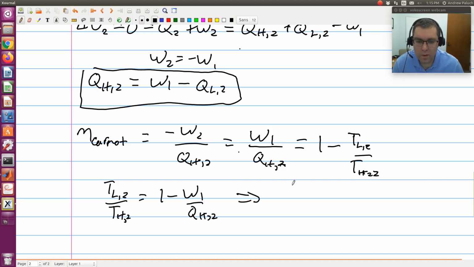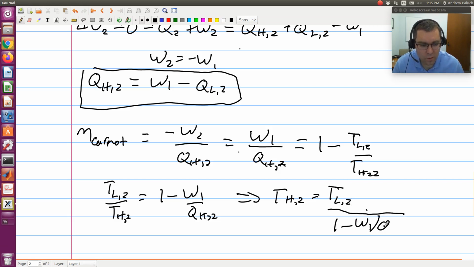Therefore, TH2 is equal to TL2 divided by 1 minus W1 over QH2.